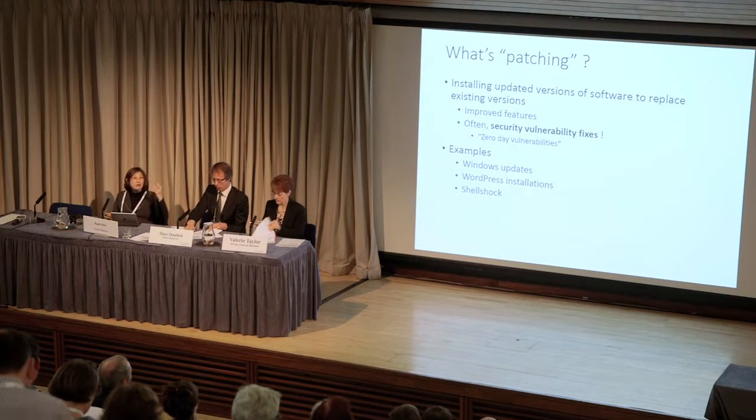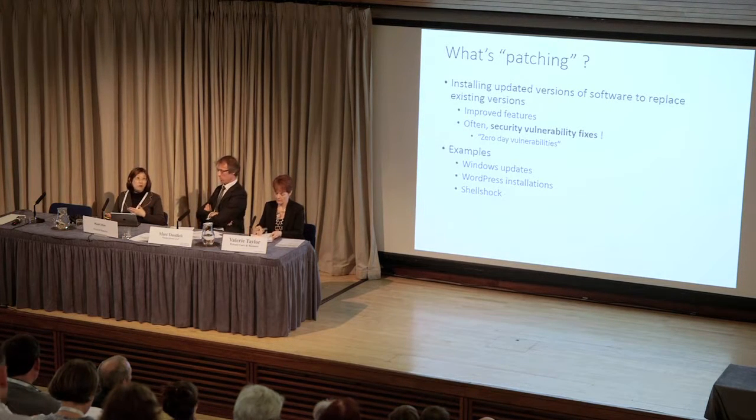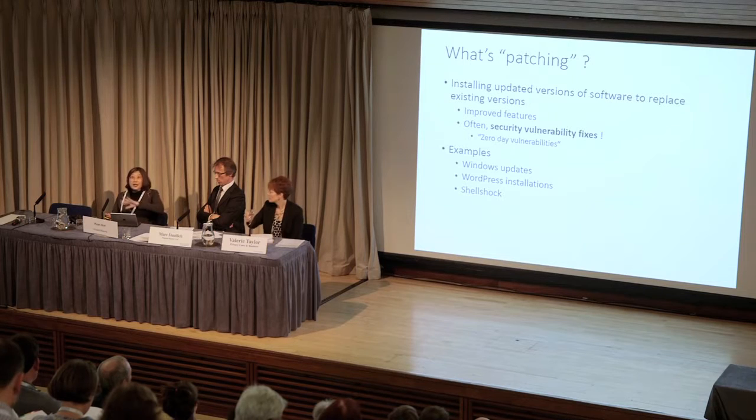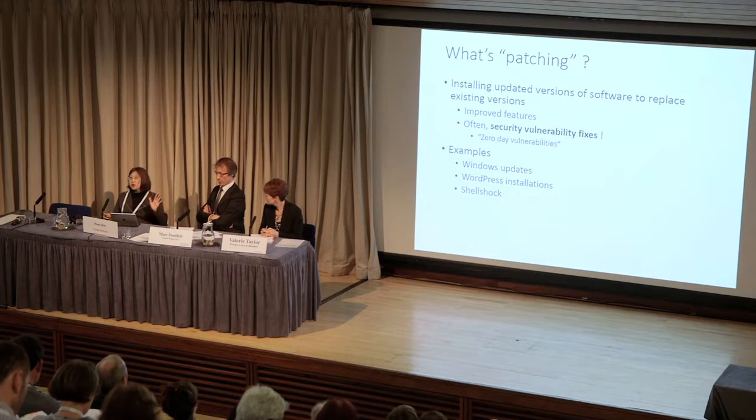And I'm sure you've heard the phrase zero-day vulnerabilities. They are defects, security defects or flaws in the software which were inherent. They were there from the outset, from day zero, but they've only been discovered later. By way of examples, often with your Windows updates, there will be security fixes. WordPress is a popular blogging and content management system, and it's quite common for WordPress to be attacked because it's popular.